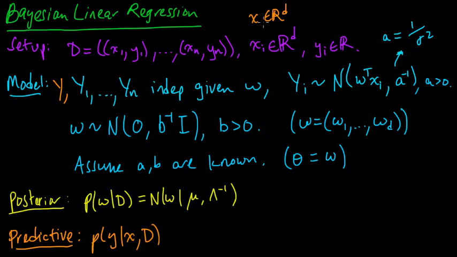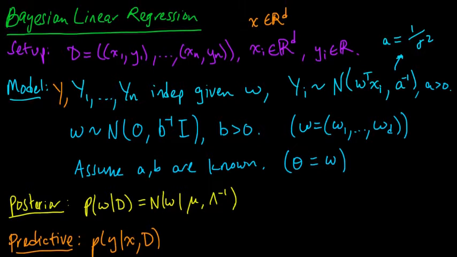So we're going to get a new little x in R^d, and then we're going to introduce a new random variable, capital Y, which will also be conditionally independent of all the others given w. And it will have this same sort of distribution, but now it's going to be just x here instead of x_i. Okay, so hopefully this won't be too awfully confusing. I think you'll be able to keep track of it all. So before we were using y for the vector of little y's, and now y is a value that this random variable Y may take.